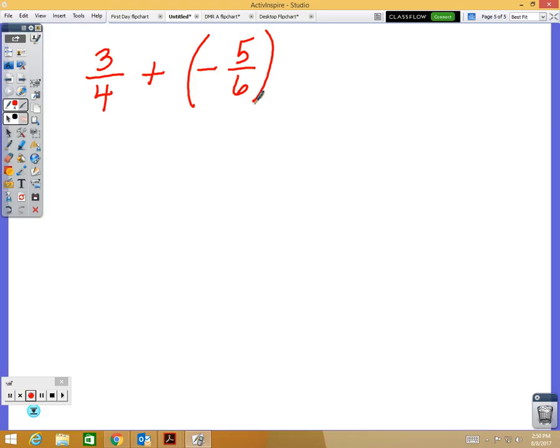Before I do anything here, I want to rewrite this. 3/4 stays 3/4. Does that become negative 5/6 or positive 5/6? So we have different signs here, so that's going to be a negative 5/6, yes. What do we do with that? Do we add them or subtract them? Why do we subtract them? Different signs. So different signs subtract.